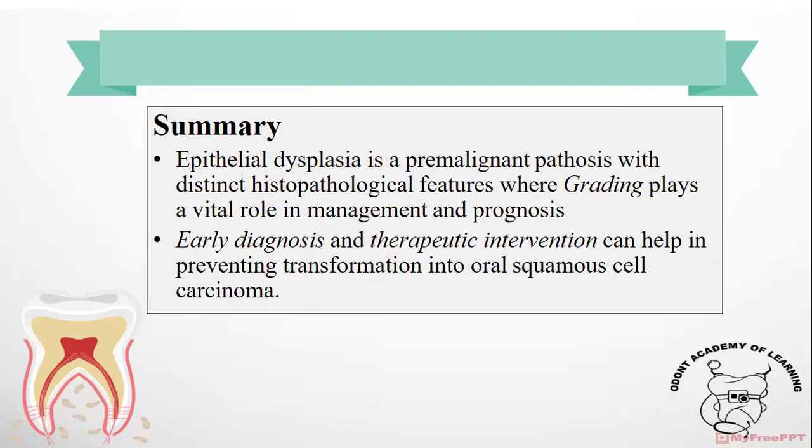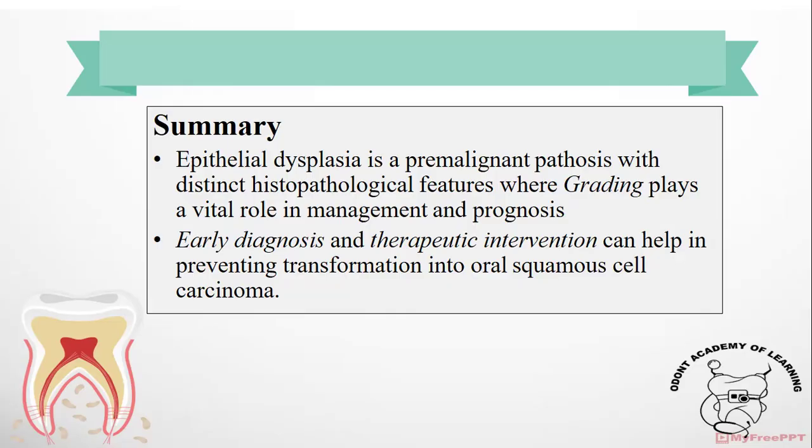Now, summary. Epithelial dysplasia is basically a pre-malignant pathosis with distinct histopathological features, where grading plays a vital role in management and prognosis, because the lower the grading, the milder the grading, the better will be the prognosis and the better the management.